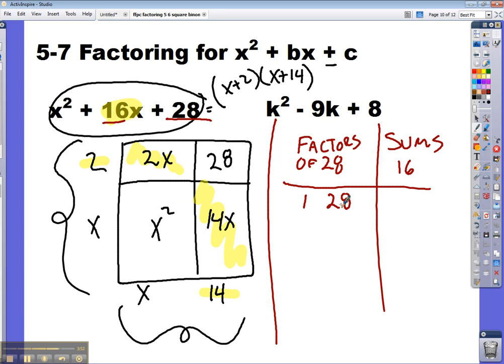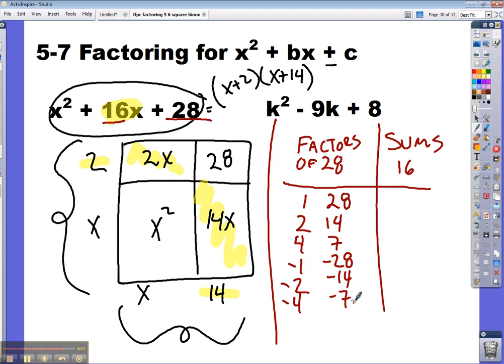Give me another one. 2 and 14. Give me another one. 4 and 7. Give me another one. Think negative. Negative 1 and negative 28. Negative 2 and negative 14. Negative 4 and negative 7.